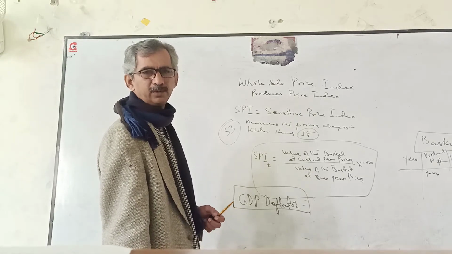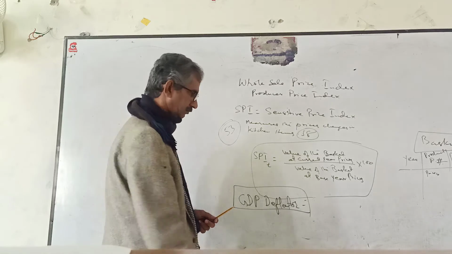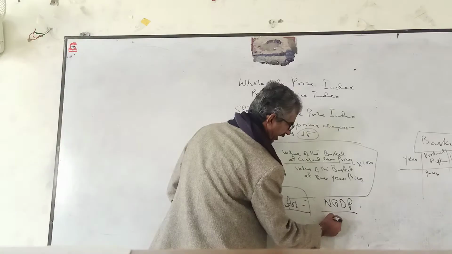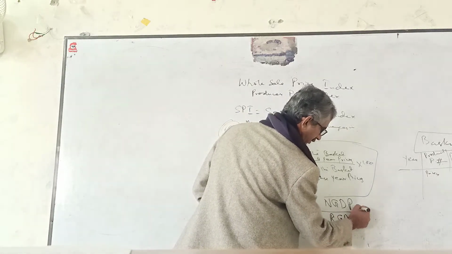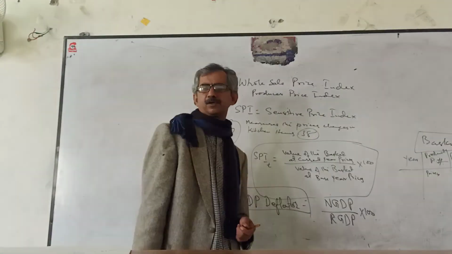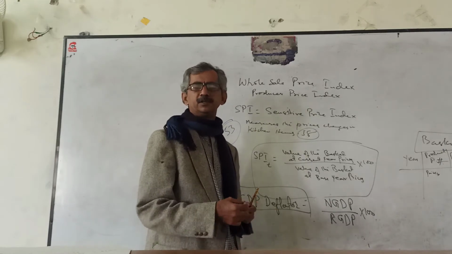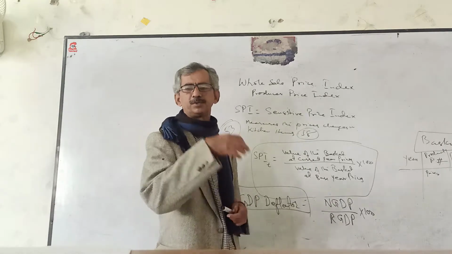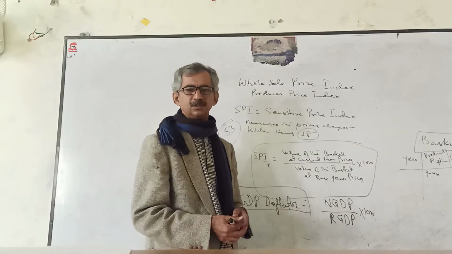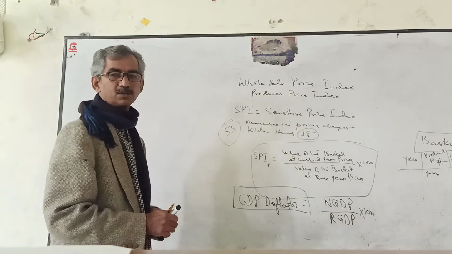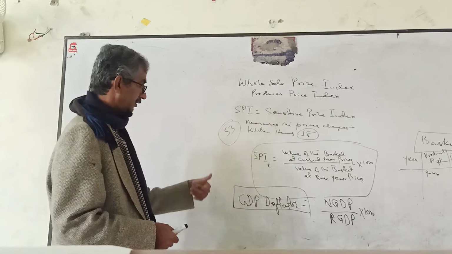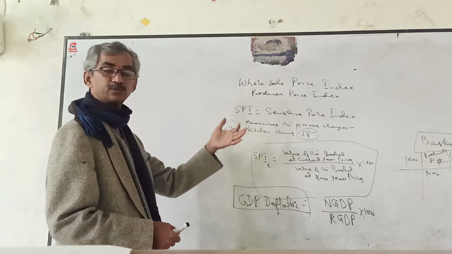It is nominal GDP divided by real GDP, multiplied by 100. Nominal GDP means the GDP which is measured at current year prices, and real GDP is the GDP of the year measured according to the base year prices. So with the help of this formula, we have the index value of all the items produced.